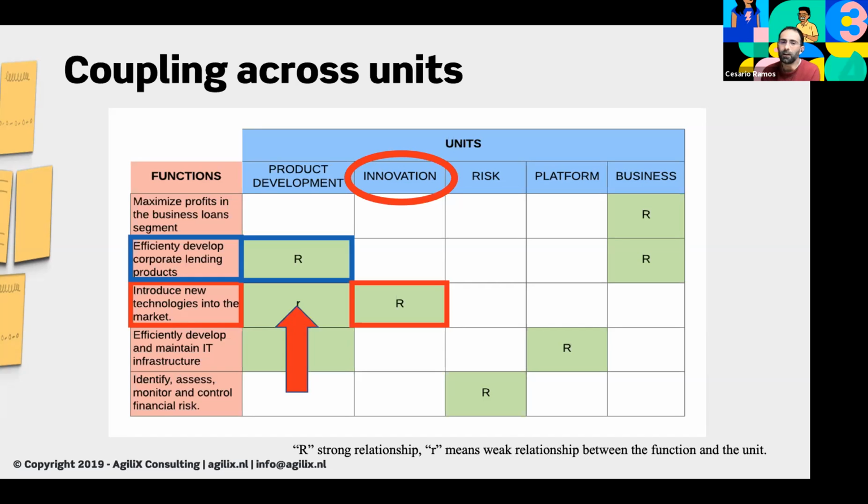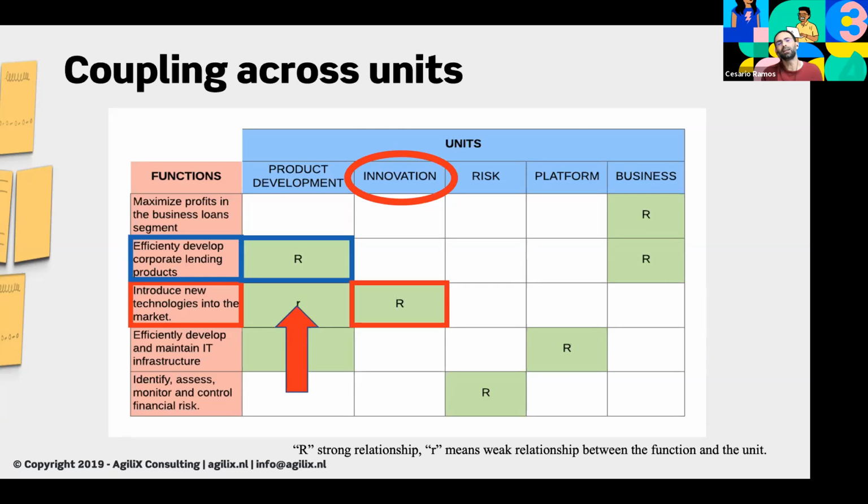For example, in this particular customer, one of the problems that gave insight that they had this coupling was that the innovation guys wanted to try out new stuff. They wanted to try out risky technology, new ideas, and said, well, let's do this, right?